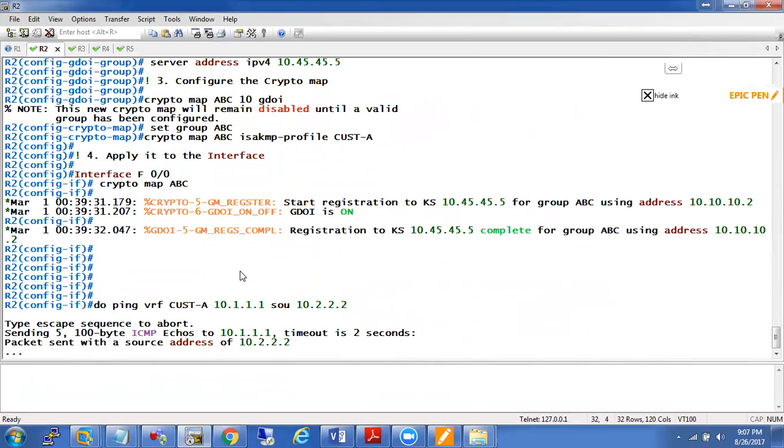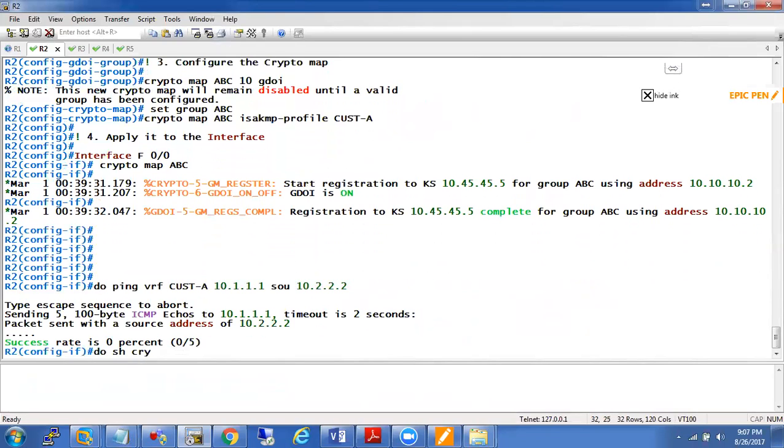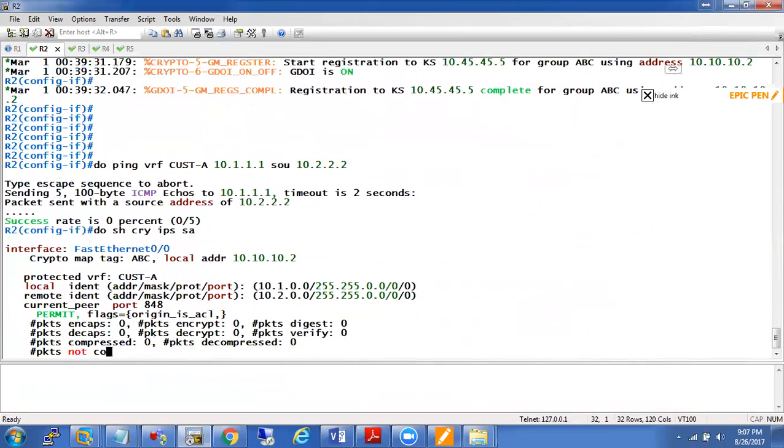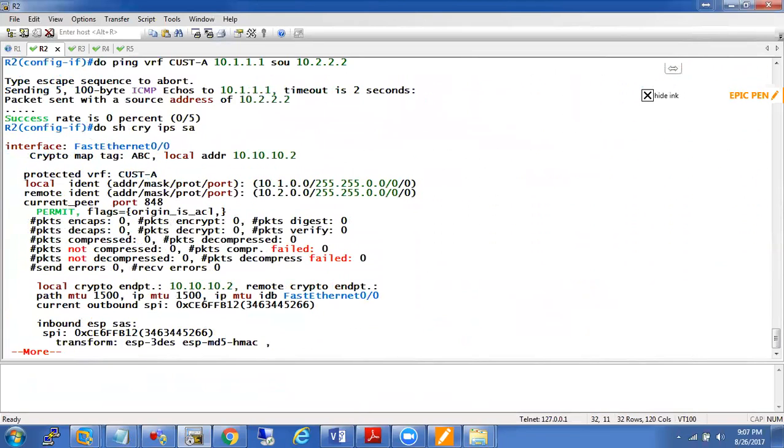Something wrong. Let's check show crypto IPsec SA. Oh yeah, my interesting traffic is wrong. Should be 10.0.0.0 because 10.1, I don't have 10.1, I have 10.2 on this side.